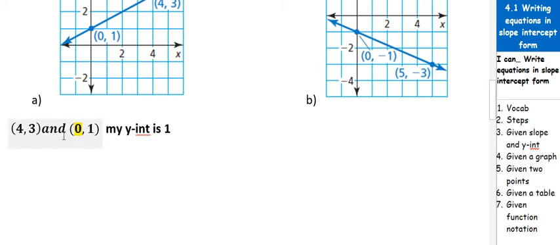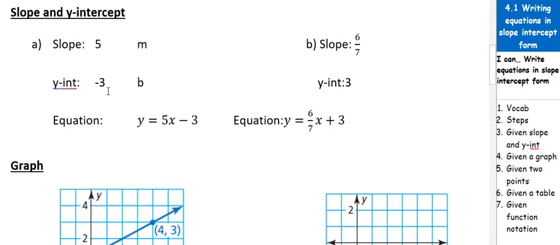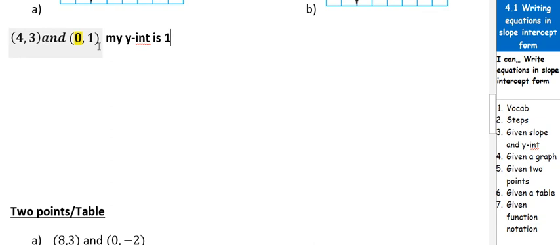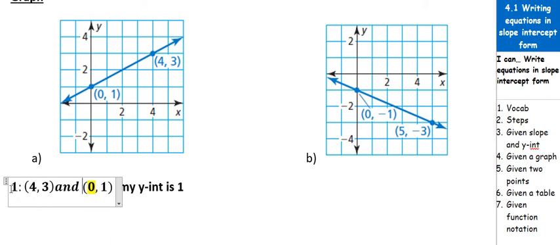Now identifying the slope is just using that same equation that we have up here. We plug it in and see what we come out. The 1 and 2 are referencing that I have 2 points. So I have point 1 here and I have point 2 here. That's point 1.